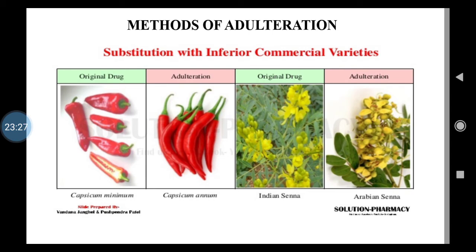Another example is Indian senna, the original drug, and the adulterant is Arabian senna. Then the rhubarb drug we have studied in laxatives. So there are many species of rhubarb also.